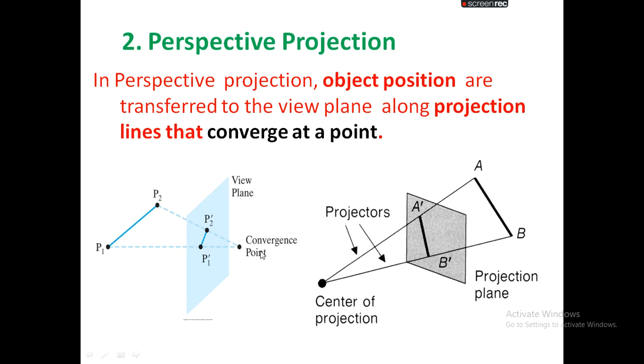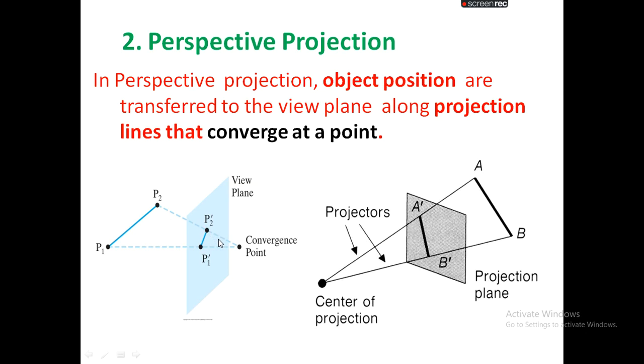If you compare this example with parallel projection, in parallel projection the lines are always parallel when you translate the position of the object onto the view plane.